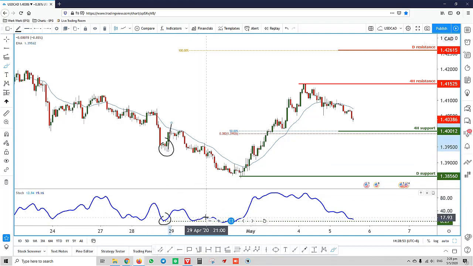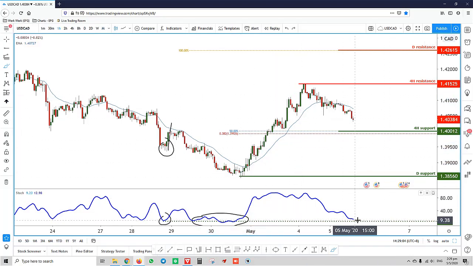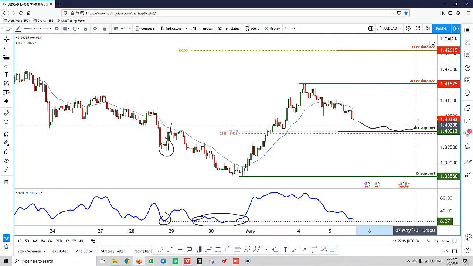Similarly, when stochastics was holding at this entire area, price drifted lower, however, there came a very strong upwards push. So now stochastics is once more approaching this intermediate support level, the support on stochastics.